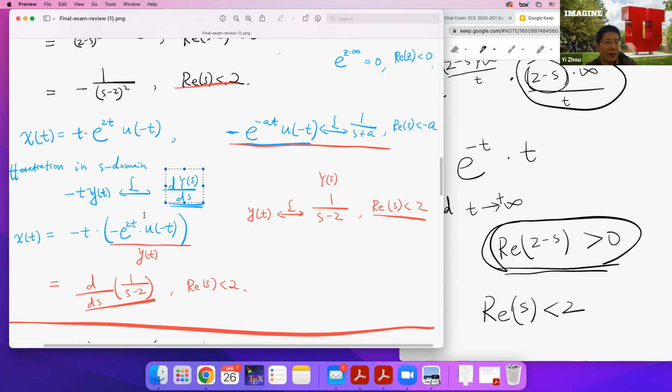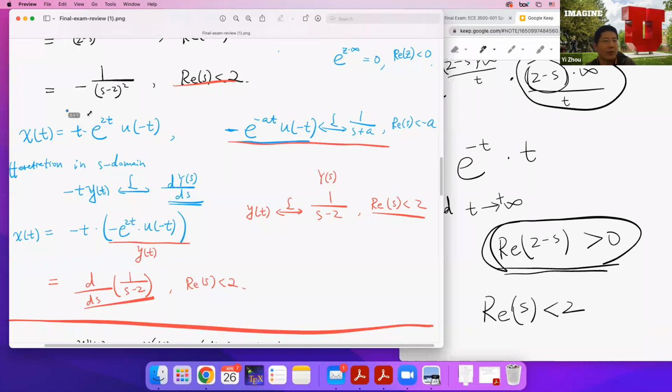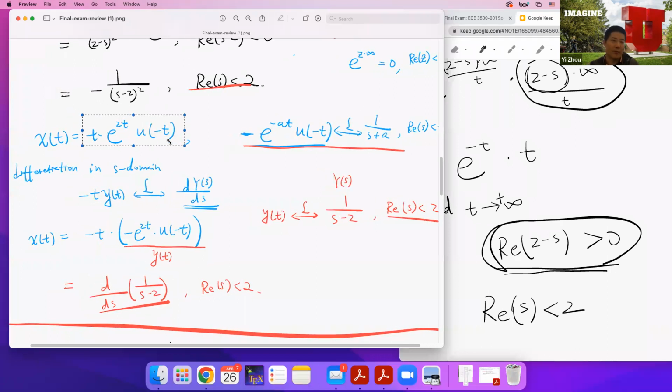By applying this property, we know that the Laplace transform is given in this way, with the same ROC. Now this derivative is very easy to evaluate. And you can see that by leveraging this property, the signal that we are looking at is exactly our signal of interest, because this negative sign cancels with this negative sign. So we end up with the signal of interest.